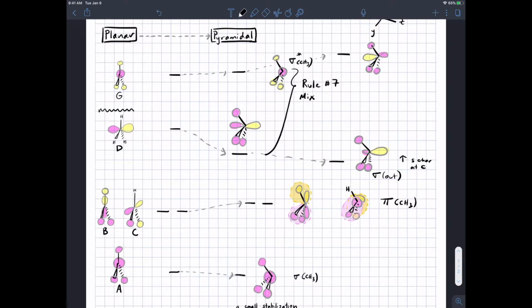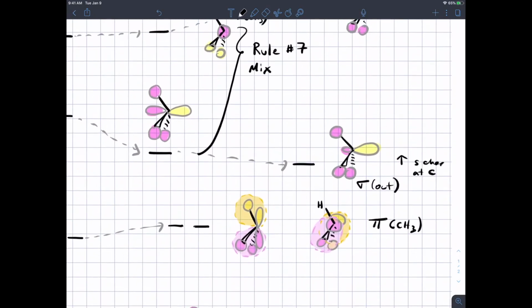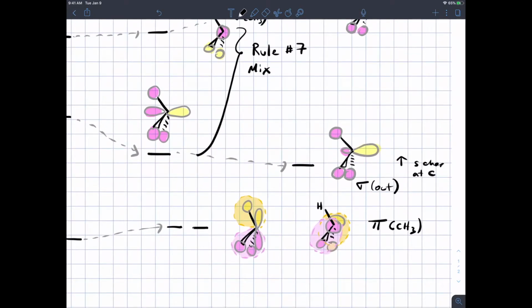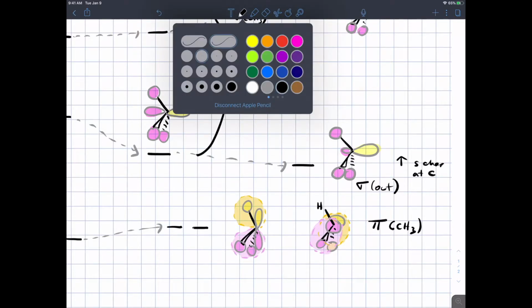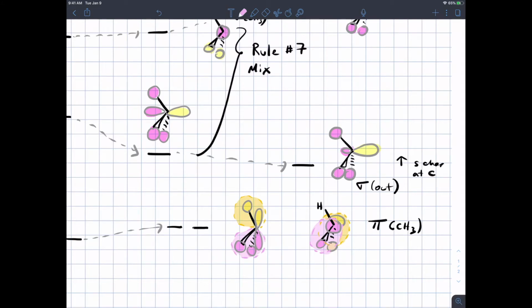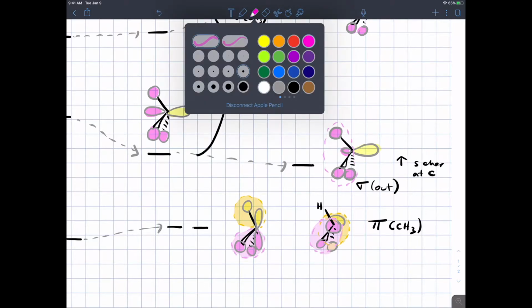Well, it turns out that in what I've drawn, it's a good question if you think the orbital looks exactly like I've drawn. In reality, this sigma-out orbital looks like it has an enormous lobe here that has a node at carbon and then covers all of the space between carbon and the hydrogens.